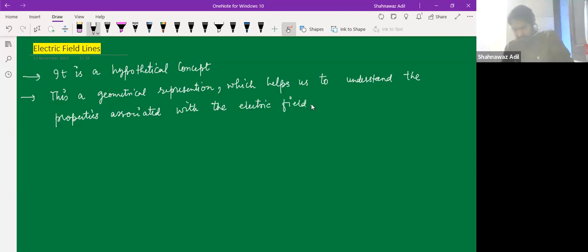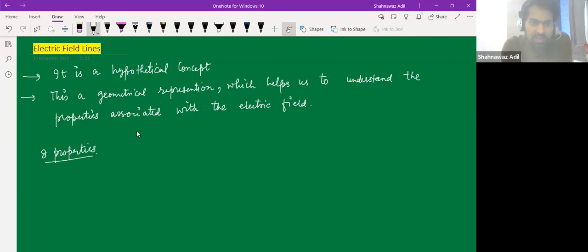So these are the things about electric field lines, and it has basically eight properties. So we have eight properties of electric field line, and we will understand them one by one.